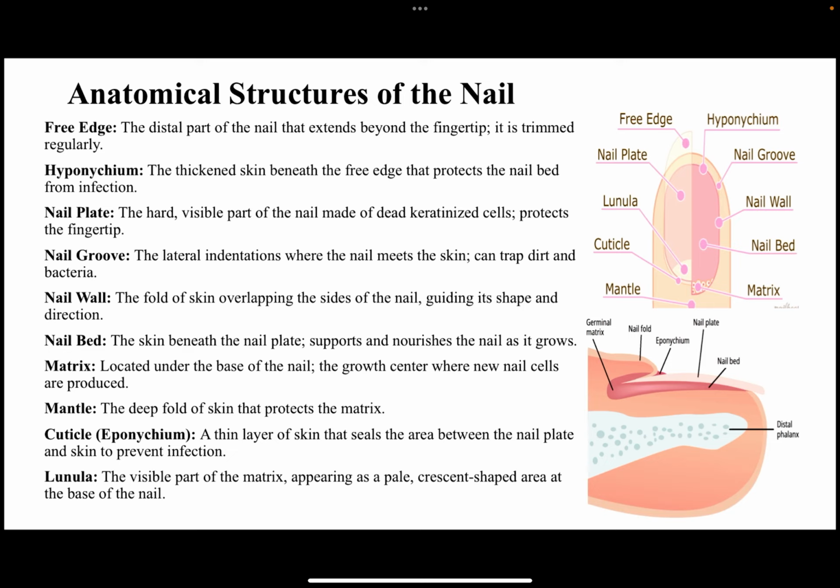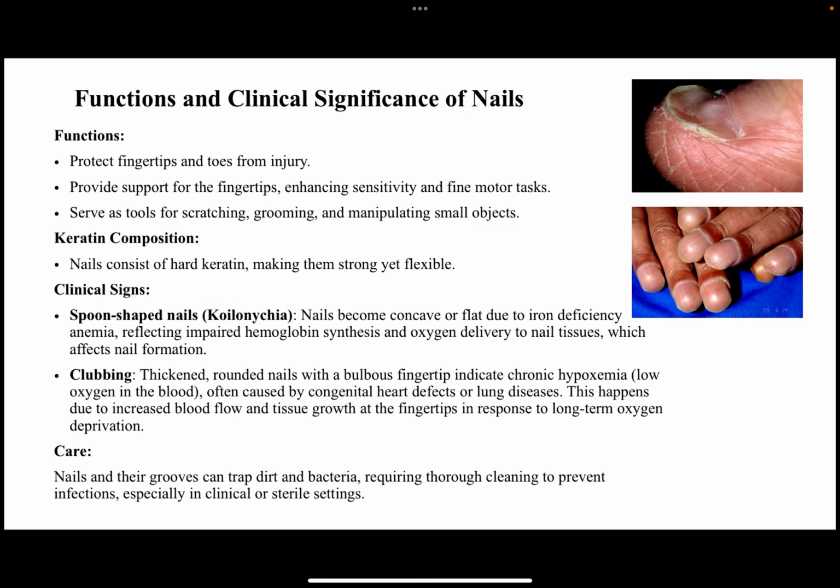Then we have the lunula, the visible part of the matrix appearing as a pale crescent-shaped area at the base of the nail. That is what we call the lunula of the nail.